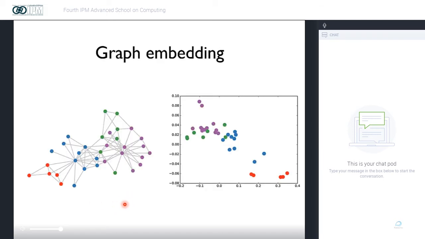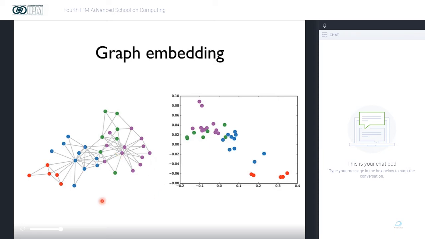For instance, what we have here is a very famous toy graph called Zachary's Karate Club social network. It has 34 different nodes for 34 members of that club. And here the edges denote if any pair of members had any interactions outside the club.